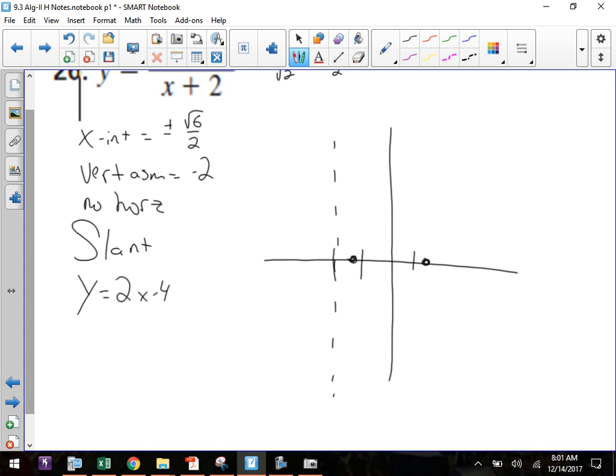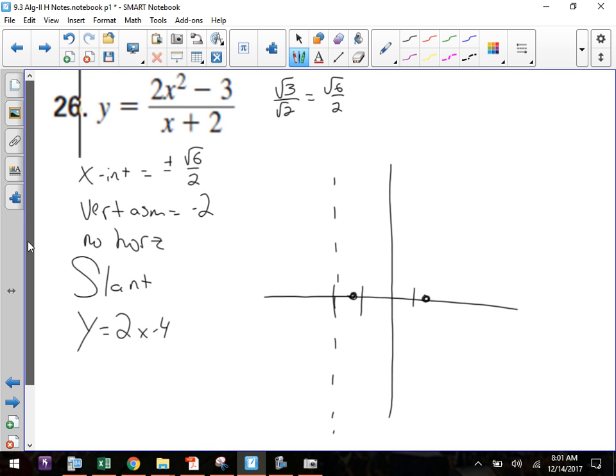Remember, one of the easiest things to find is going to be your y-intercept. In this case, what's my y-intercept? It's -3 over 2. So this is telling me that it's probably moving down and going back up, but I got to figure out what's going on the other side. Oh, and I got a slant at -4, so let's see here.